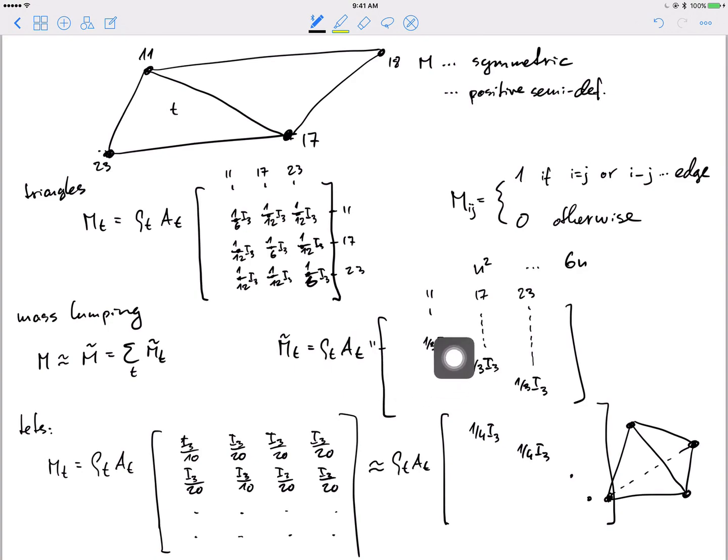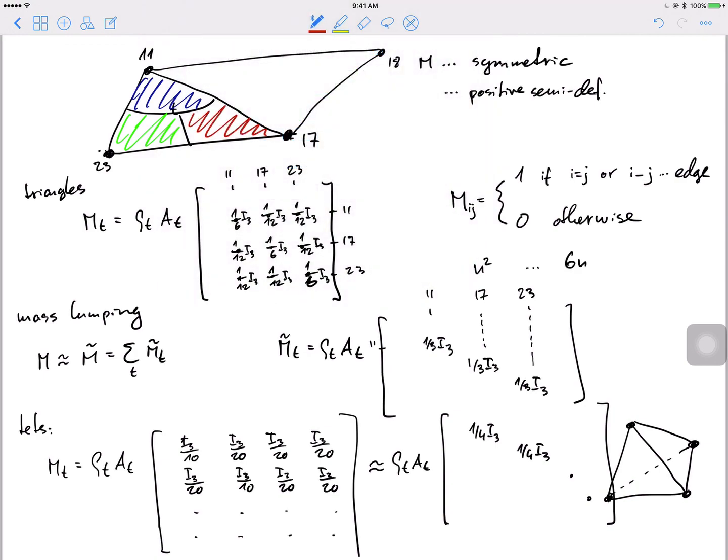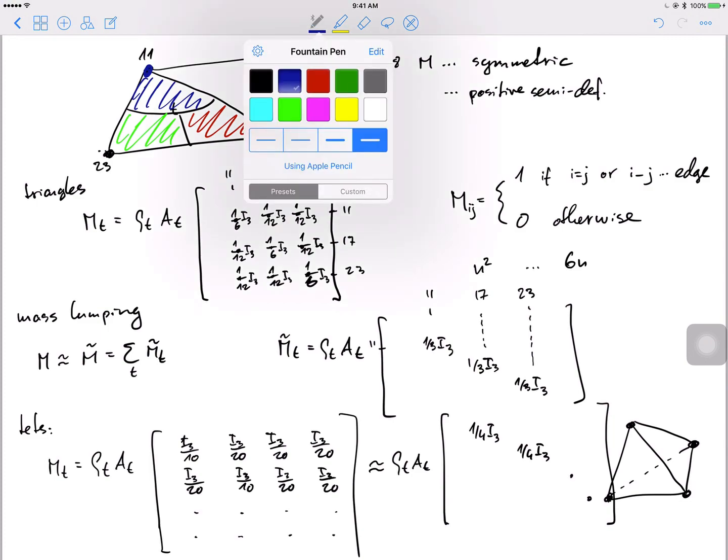Okay. And then what you do in the 2D case, you divide it by 3, and each of the nodes gets a third of the mass of that element. Okay, so here it's super intuitive. You could imagine here, I kind of chop it into 3 pieces. One piece would be blue, one piece would be green, one piece would be red, and each of the vertices gets 1/3 of the total mass of those pieces.